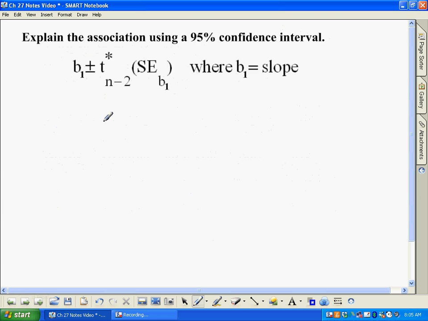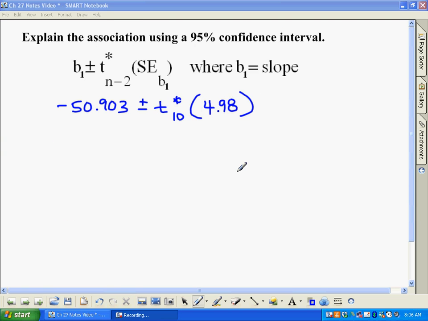The slope in this case is negative 50.903, plus or minus t star, with degrees of freedom 10, times the standard error, which we already know is 4.98 from reading the computer output. Grab your table and find t star with 10 degrees of freedom, and according to my table it's 2.228.